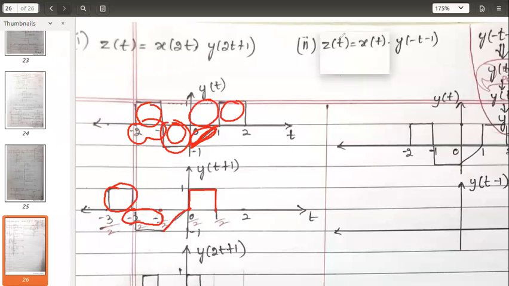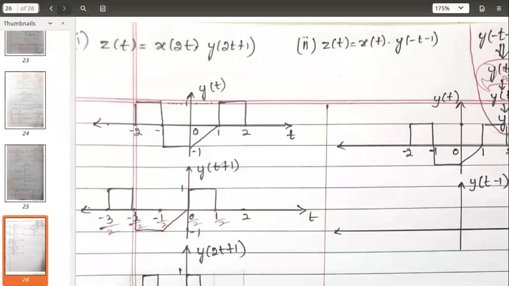So this is how we shift the signal to the left side by one amount. Any doubts here in this shifting operation? Please, you can ask me. And if you observe both the signals, the shape of the signal is the same.